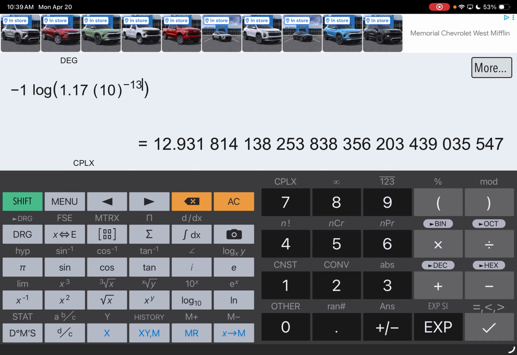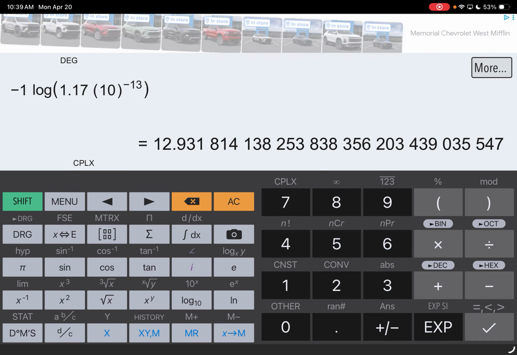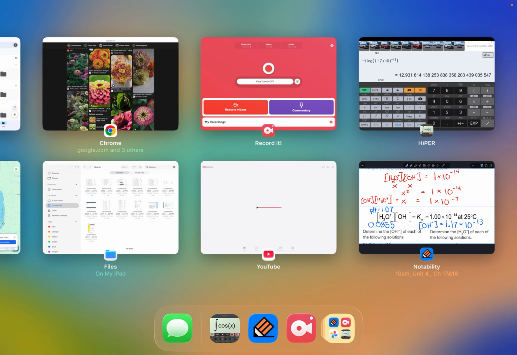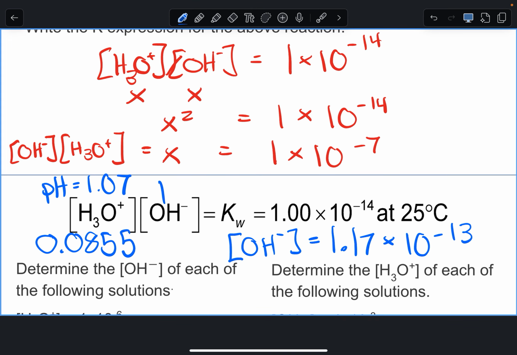Okay, so the pOH is 12.93. So pOH, this is for the same solution, 12.93.